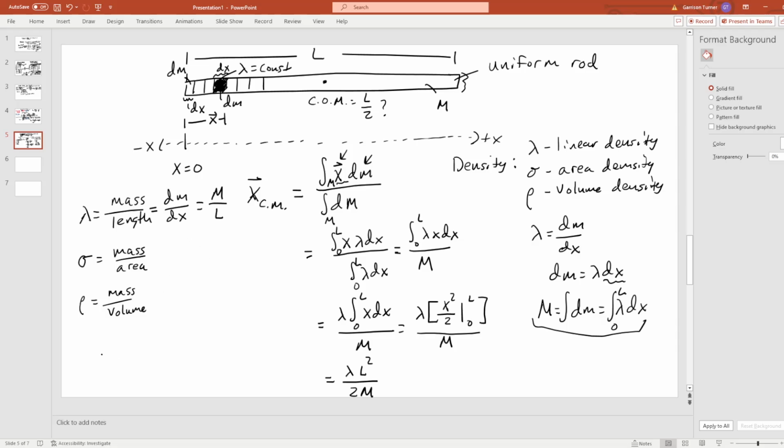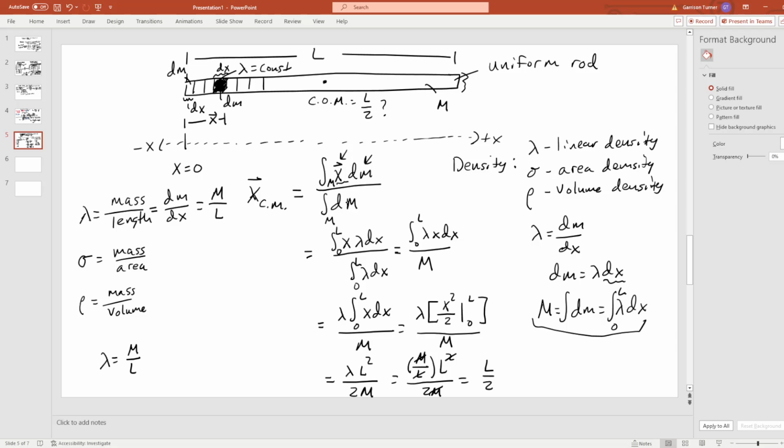So if I make this substitution that lambda equals m over L, then one of my L's cancels with this L, my m cancels with this m, and lo and behold, we get that our center of mass is at the position L over 2.